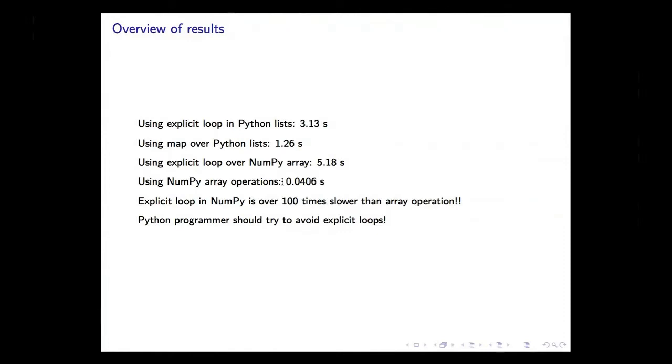But the moment your program takes any significant time, you will start noticing this factor of 100 times slowdown, right? Clearly, there's a difference between a code which takes 1 second to run and a code which takes 100 seconds to run, and so on. So, as you can see from this, it's really good to get into the habit of just avoiding explicit loops a priori in Python if your code is doing any kind of a large amount of work over numbers.